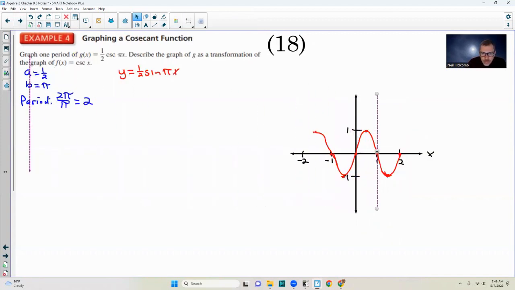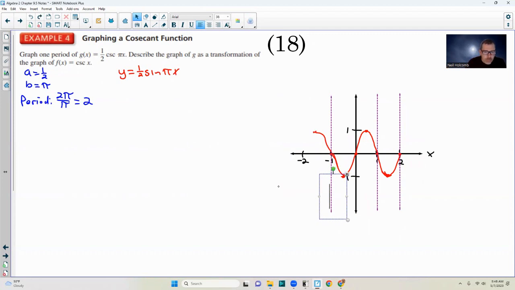Okay, so at 1 and at 2 and at -1, or at -1 and 0, actually. Okay, so there are our asymptotes. They occurred at 0, 1, and 2, and -1, of course. So multiples of 1.